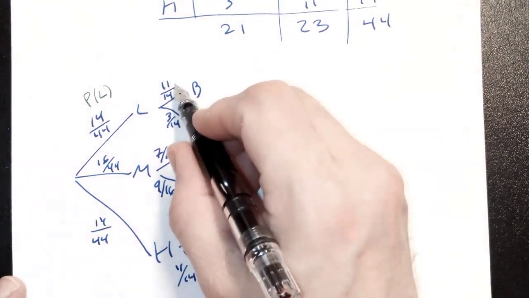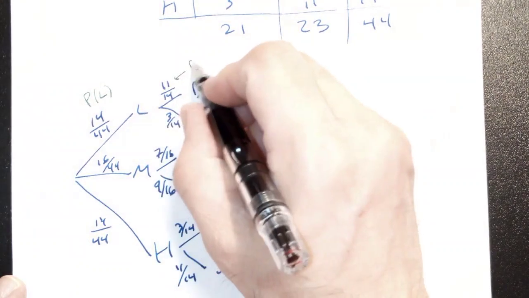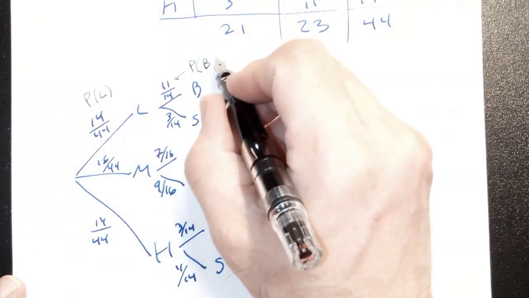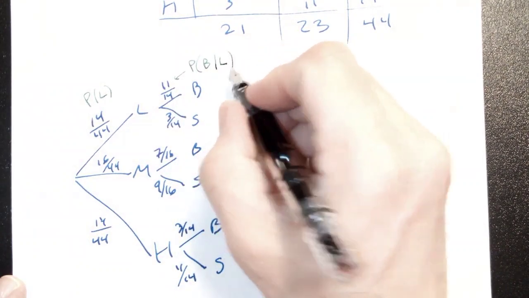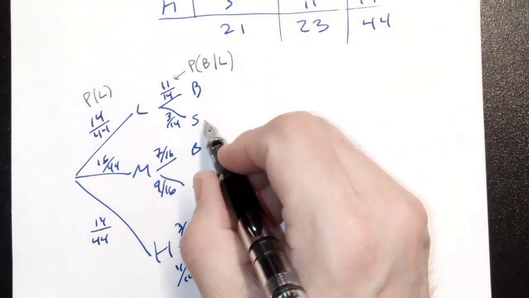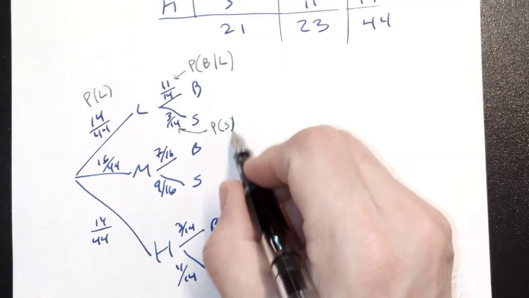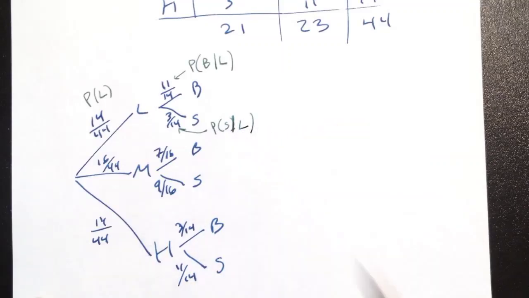This number here, this 11 out of 14, is the chance you have a bond fund given that you have a low expense ratio, because you're restricted to that first branch already. This down here is the chance you have a stock fund given you have a low expense ratio.